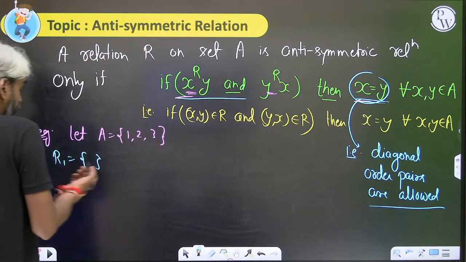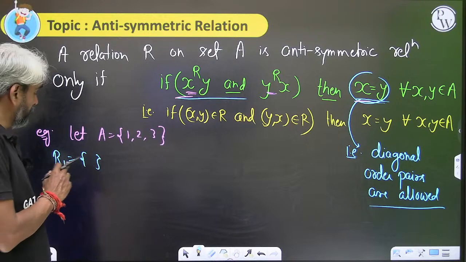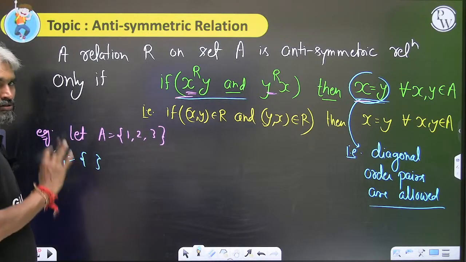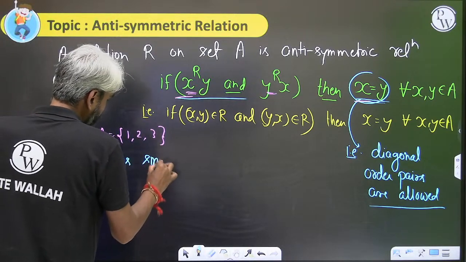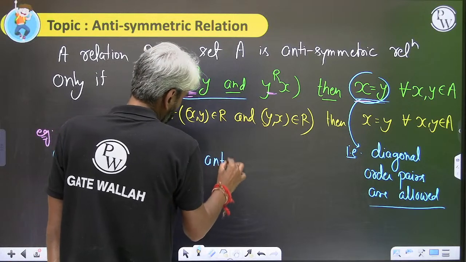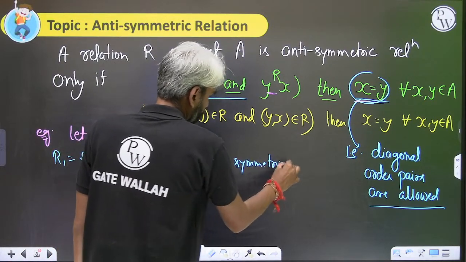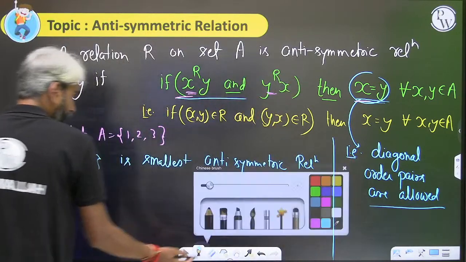This empty relation will not be a reflexive relation on a non-empty set, and it will not be a diagonal relation on a non-empty set. Apart from that, it will satisfy all other properties. So it is the smallest antisymmetric relation. Okay, sir, R1 is fine.